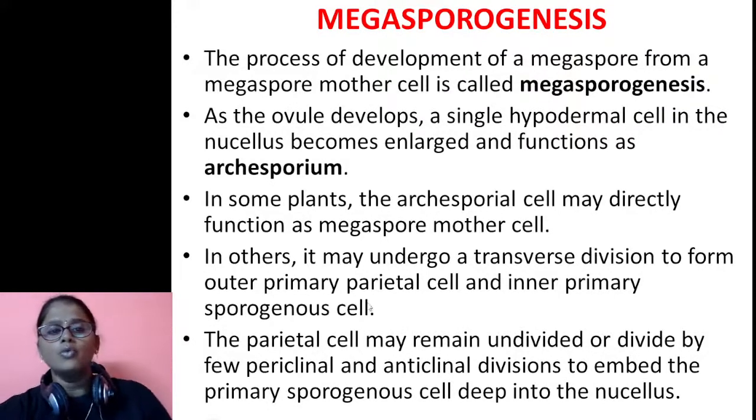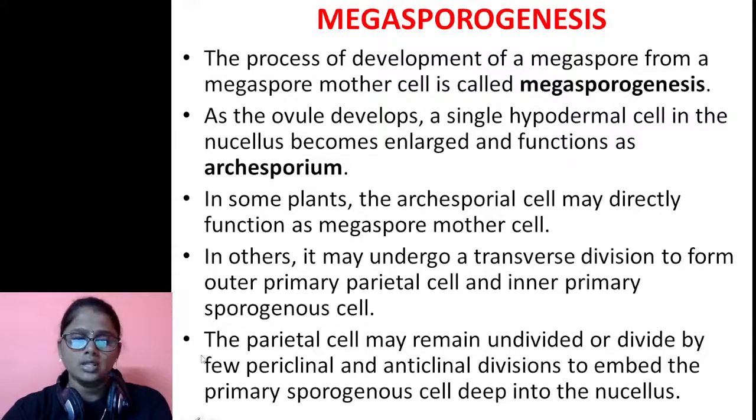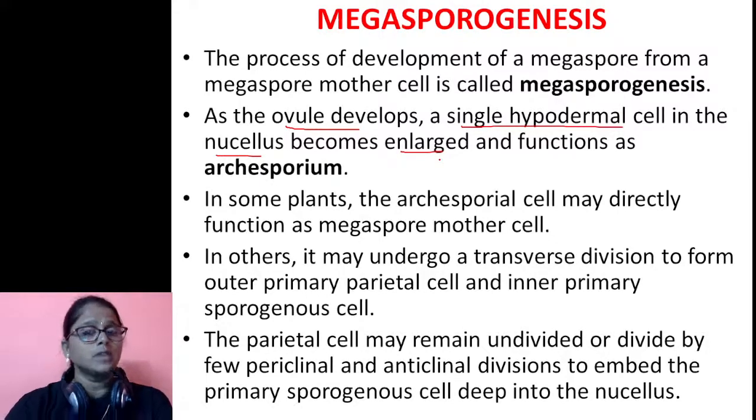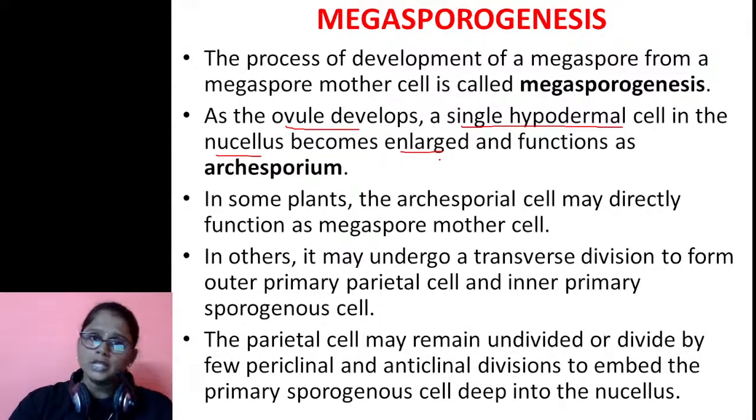So as the ovule develops from the immature state to the mature state, a single hypodermal cell in the nucellus becomes enlarged. I told you already the nucellus is very important because that is going to differentiate and form the megaspore mother cell.